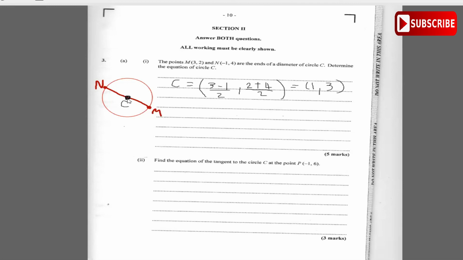We can find the radius. The radius is going to be the distance. You can look for NC or the distance CM. Because I like working with positive numbers, I find the distance CM.